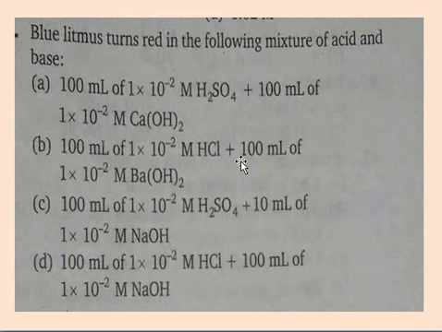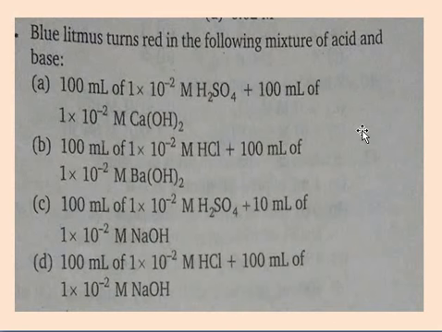B, 100 ml of 1 into 10 raised to minus 2 molar HCl plus 100 ml of 1 into 10 raised to minus 2 molar Ba(OH)2. C, 100 ml of 1 into 10 raised to minus 2 molar H2SO4 plus 10 ml of 1 into 10 raised to minus 2 molar NaOH. D, 100 ml of 1 into 10 raised to minus 2 molar HCl plus 100 ml of 1 into 10 raised to minus 2 molar NaOH.